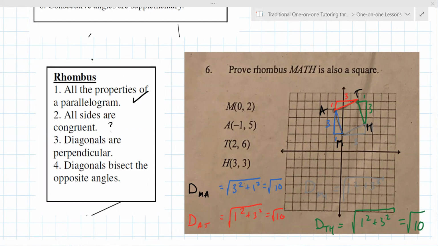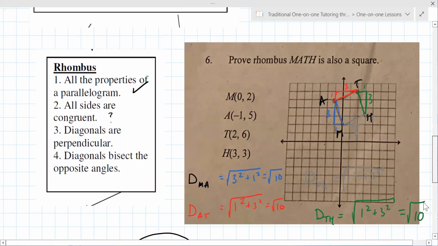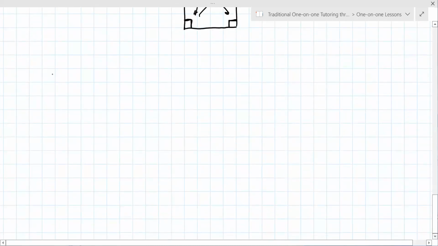The square, well, this one's not great. So it's like, if it's a square, you know all these things.